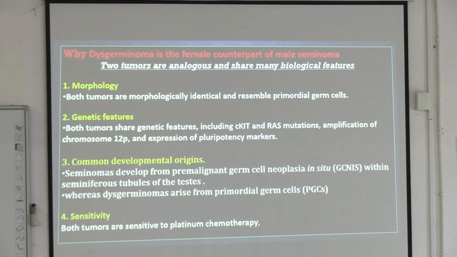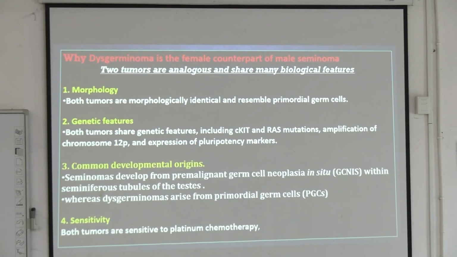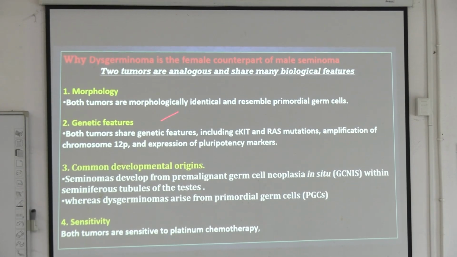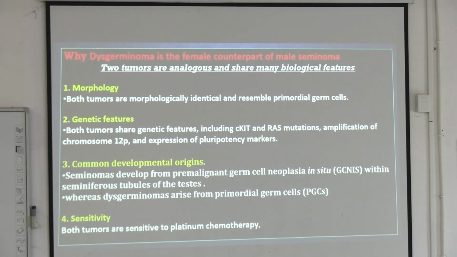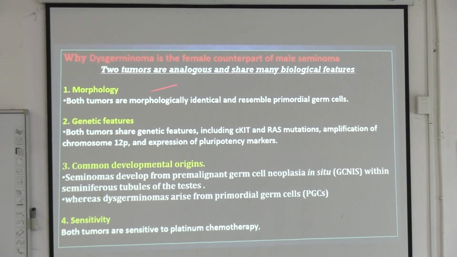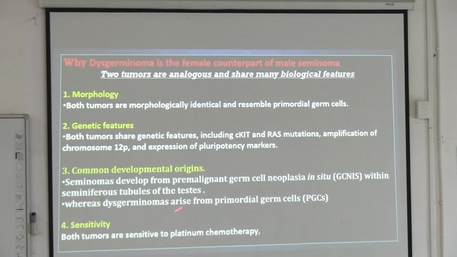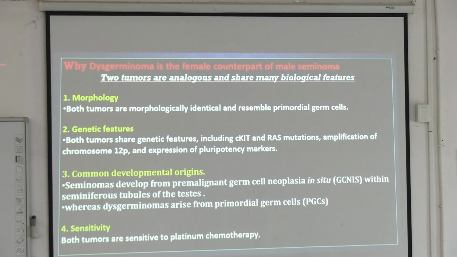Now, they may ask in a short note or explain question why seminoma has a counterpart tumor in the ovary, the Dysgerminoma. Why is it a counterpart? Because morphologically both tumors look identical. Genetically, chromosomal amplification at 12p is positive, and expression of pluripotent markers like c-KIT and KIT mutation are the same in seminoma and Dysgerminoma.